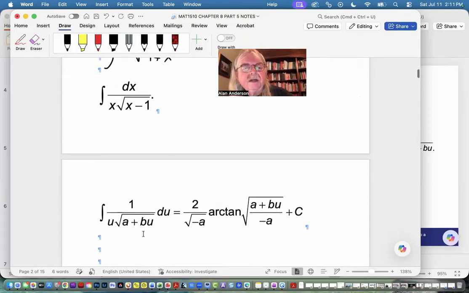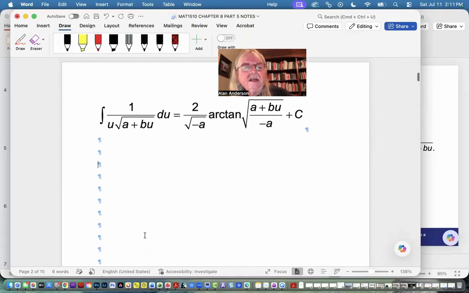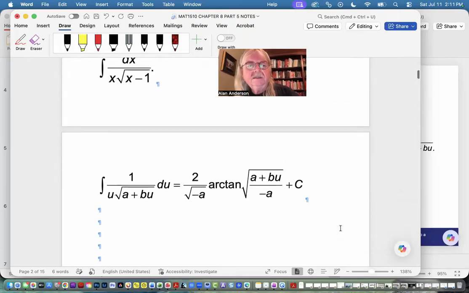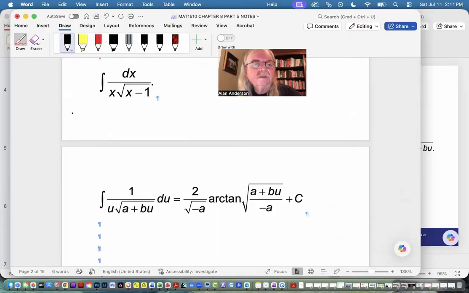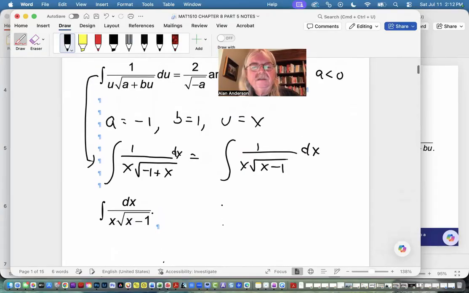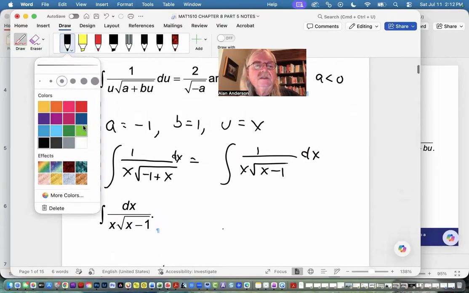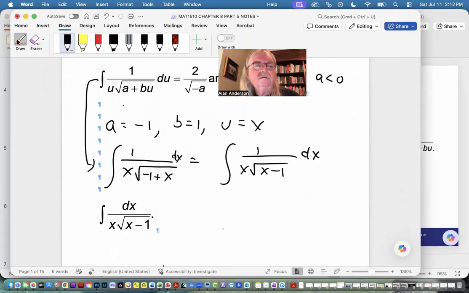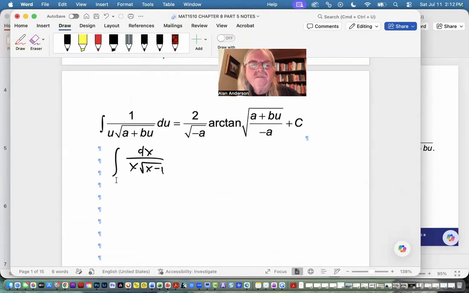And so again, keeping in mind what we're actually integrating is here. And that means that we have these three expressions. A is -1. B is +1.